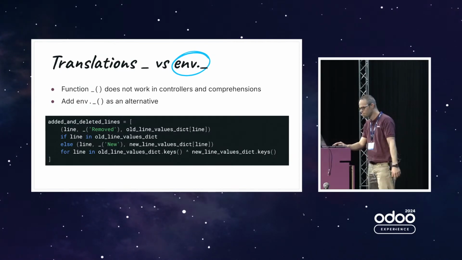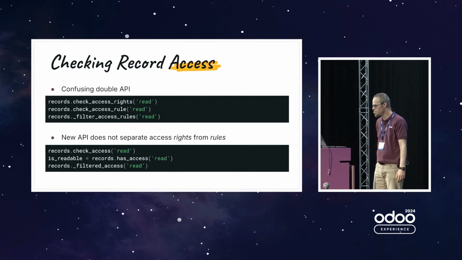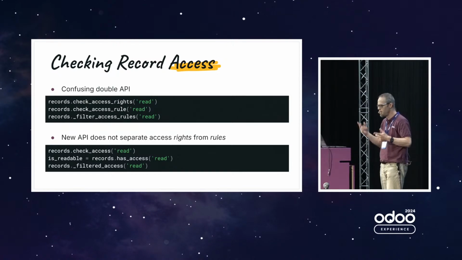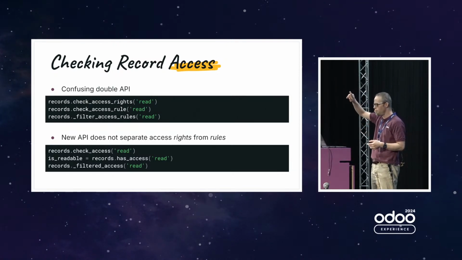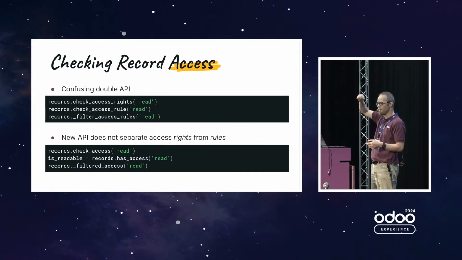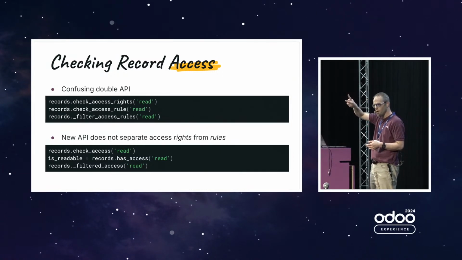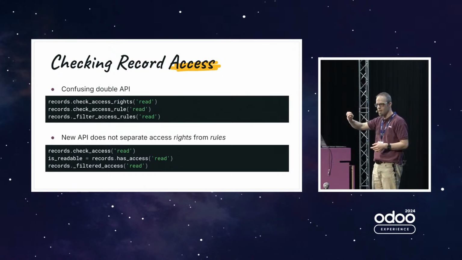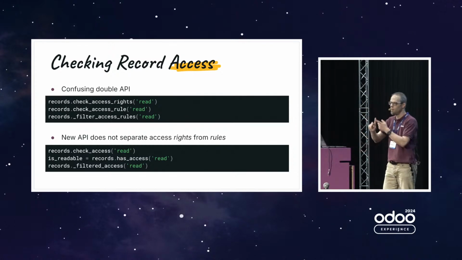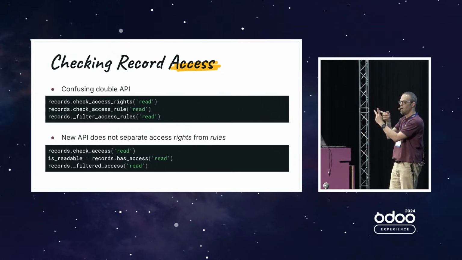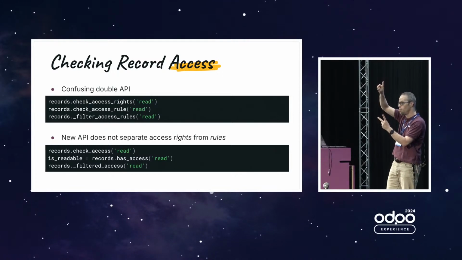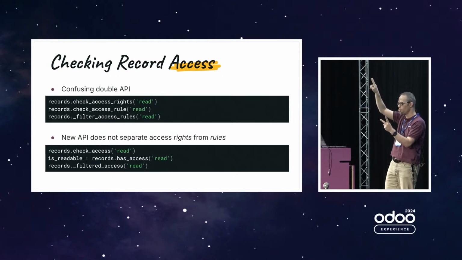Last bit. This is a refactoring of the checking access rights API. Essentially, we've grouped together the methods check access rights and check access rule, and it's now called check access. It always does both, for two reasons. We realized that developers sometimes use one or the other, but do not systematically use both.